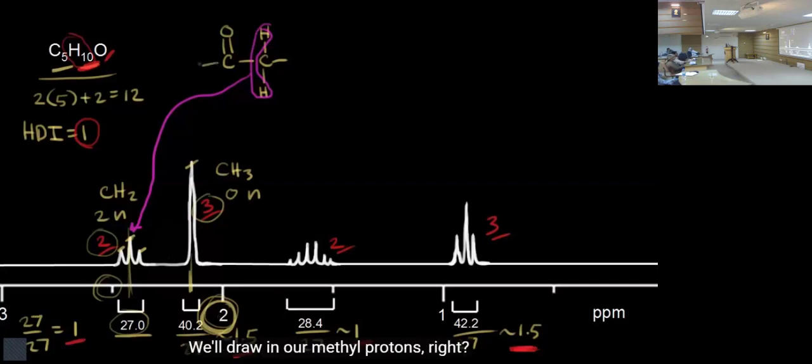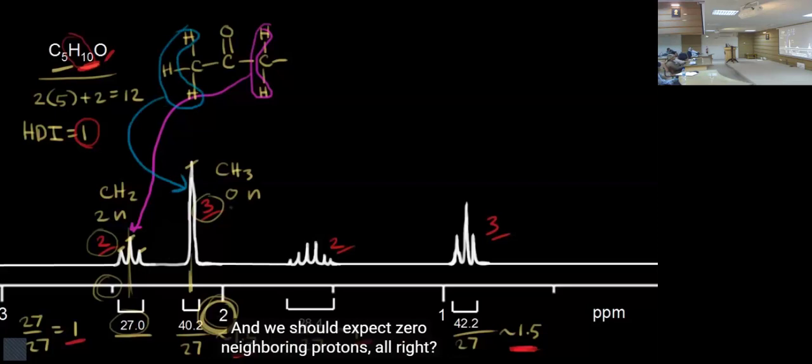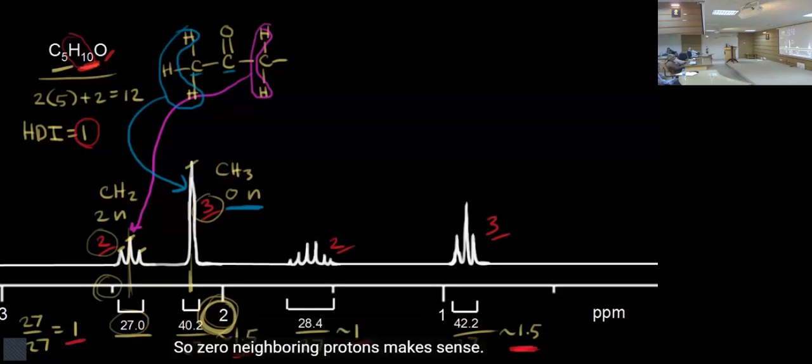So we'll draw in our methyl protons, de-shielded because they're next to the carbonyl, and let's make these blue. These 3 protons in blue are giving us this signal, and we should expect 0 neighboring protons. Those protons are on this carbon, and the next-door carbon has no protons on it, so 0 neighboring protons makes sense.